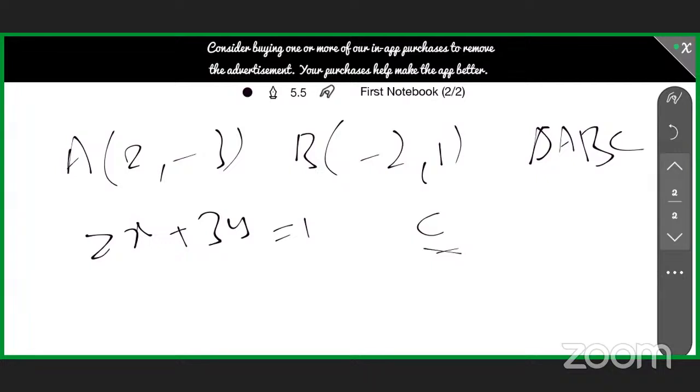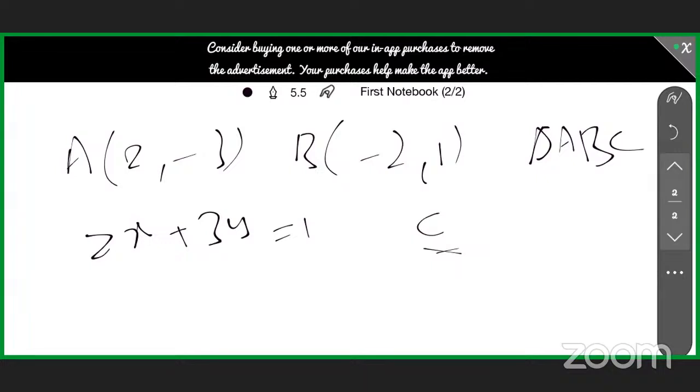What they have told us is they have given the vertices of A and B. C they have not given. We have to find the vertex C and find the locus of the vertex C. Vertex C is (x, y), its locus you have to find out. That is one thing. Second thing, they are telling us the centroid is moving along the line 2x + 3y = 1.